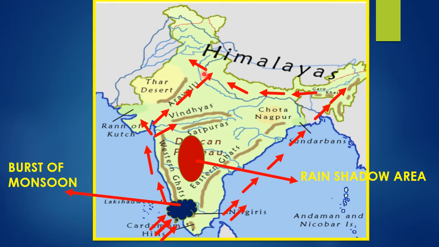Now at Delhi, both the Arabian Sea branch and the Bay of Bengal branch meet, and so Delhi gets rainfall by the Bay of Bengal branch. Then this Bay of Bengal branch moves ahead, gives rain to Himachal Pradesh and Punjab. And then since there are a lot of mountains, it's unable to cross the mountains, so Leh and Ladakh don't get any rain.